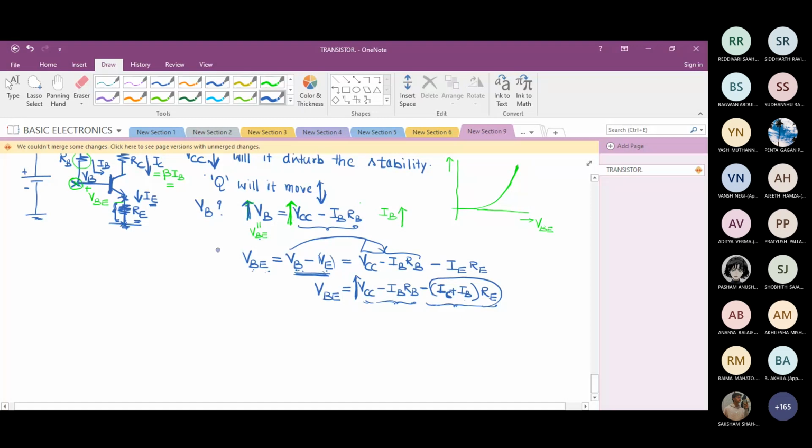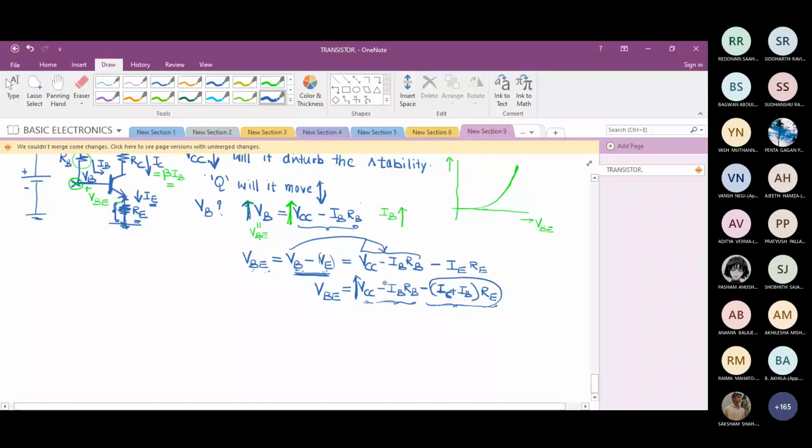That means by connecting RE, what advantage do we have? The variation RE is absorbing. Are you getting this? So the VB value remains more or less stable. Why does it remain more or less stable?